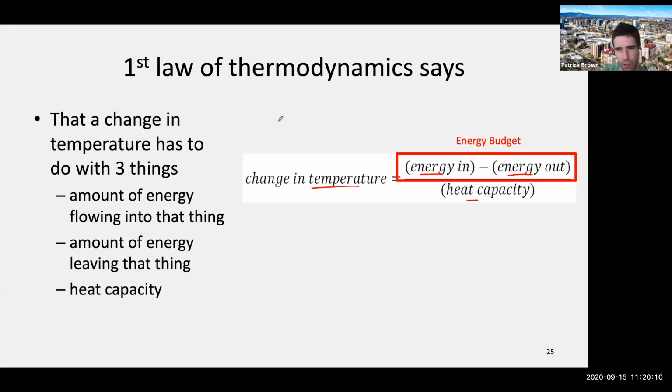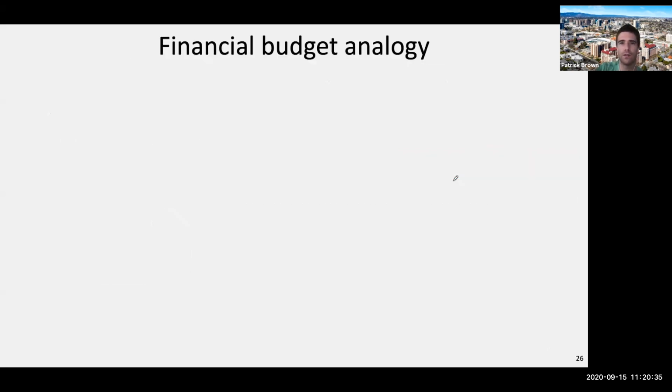Change in temperature has to do with three things: energy in versus energy out versus heat capacity. And we'll often call this whole term on the right the energy budget.